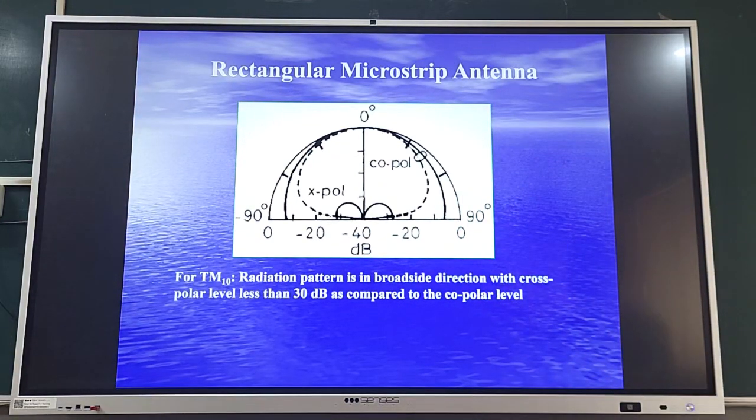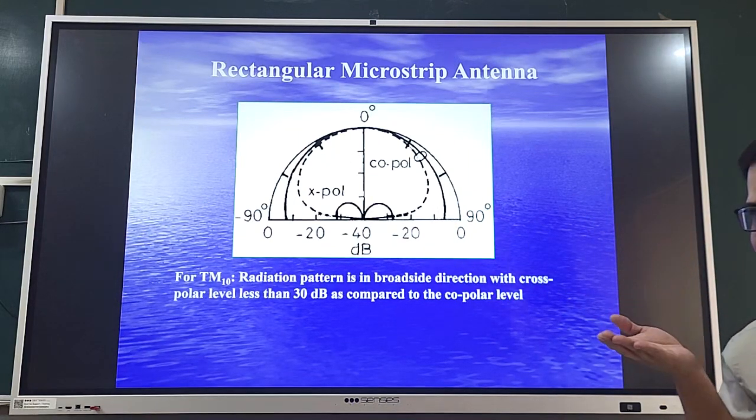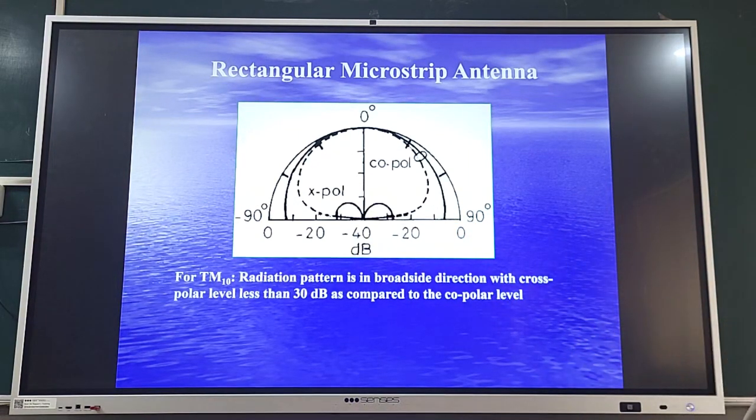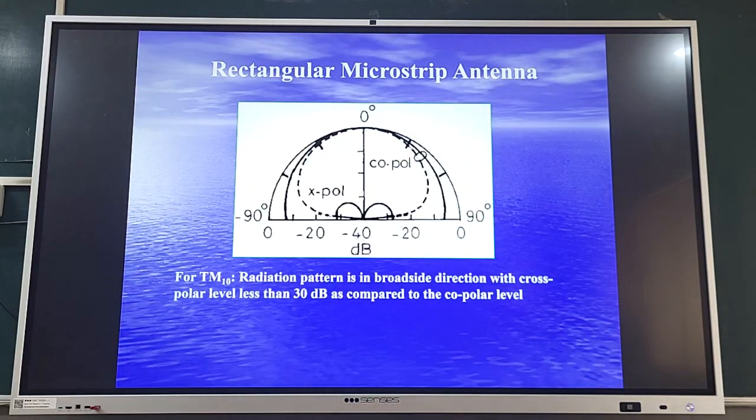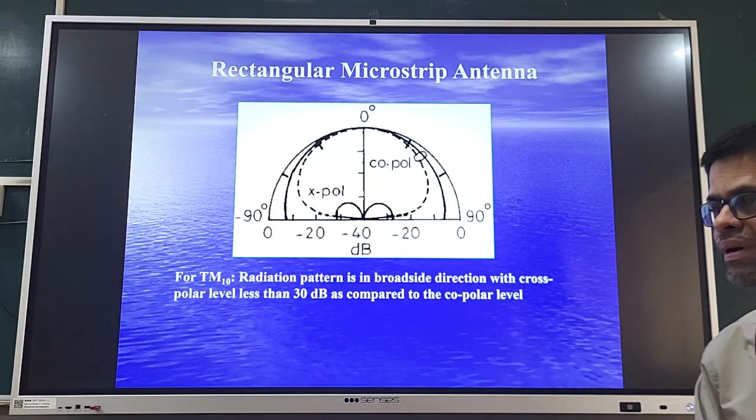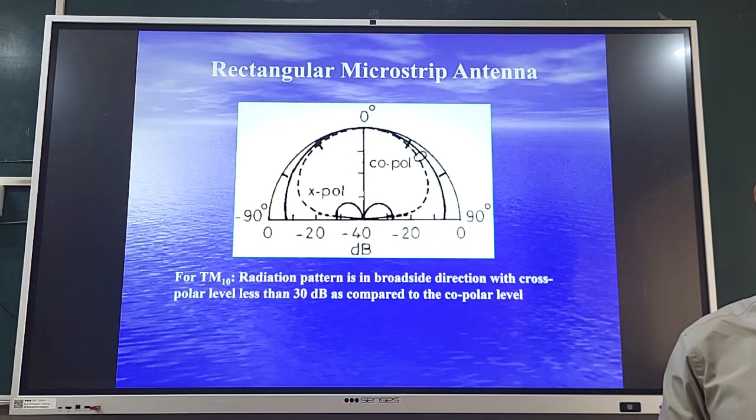Why? If 1 watt is the received power, just as an example, when the antenna polarization is aligned, then it will be minus 30, a few dBm, a few milliwatts, or a fraction of a milliwatt when the polarizations are not matched. Then it will lead to a signal loss.